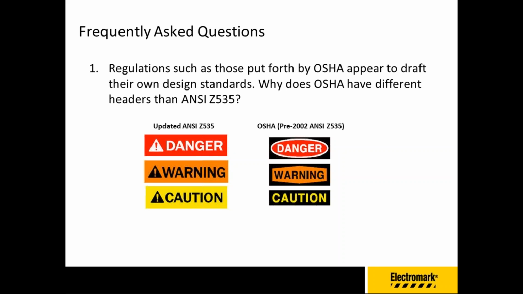But OSHA is also sensitive to incurring additional costs to employers, and so they do still accept both header designs with the idea that they understand eventually as signs and labels and tags wear out, these older headers are going to be phased out. And so OSHA is driving ultimately towards the updated ANSI headers and all the other ANSI design elements.